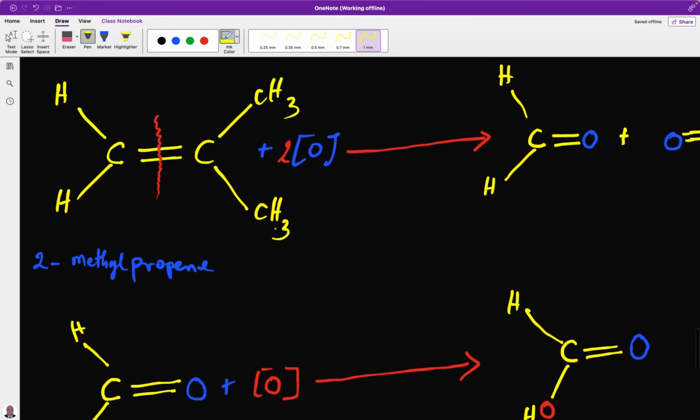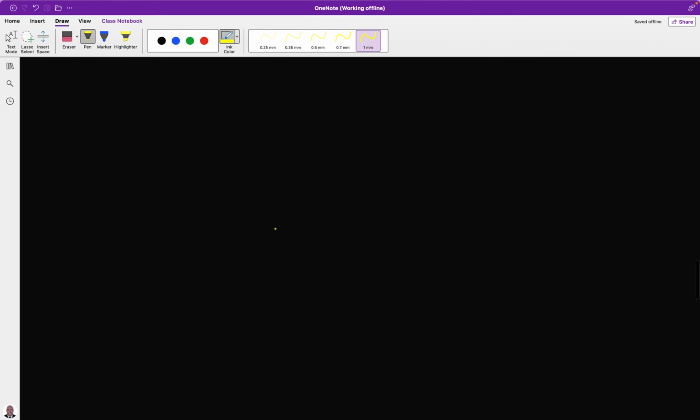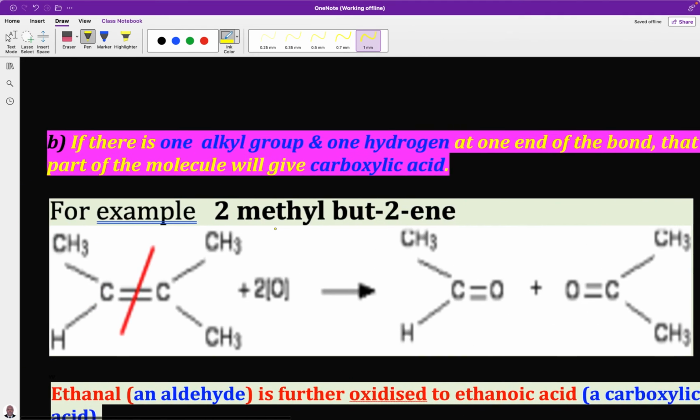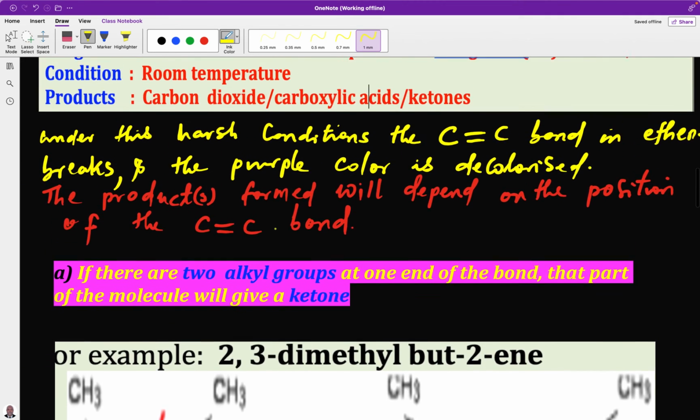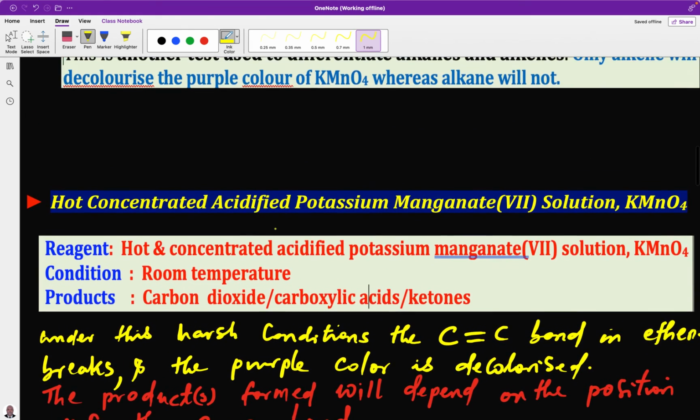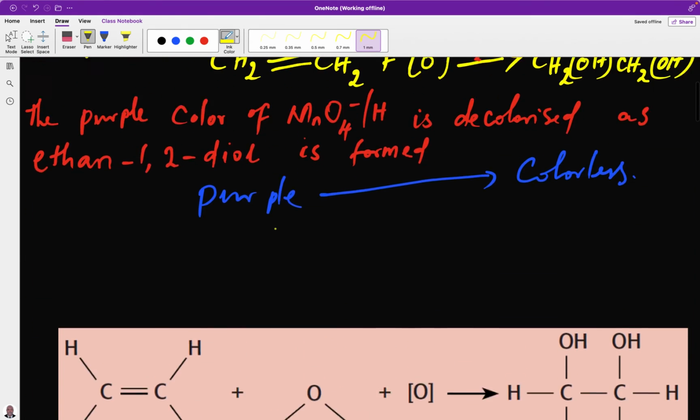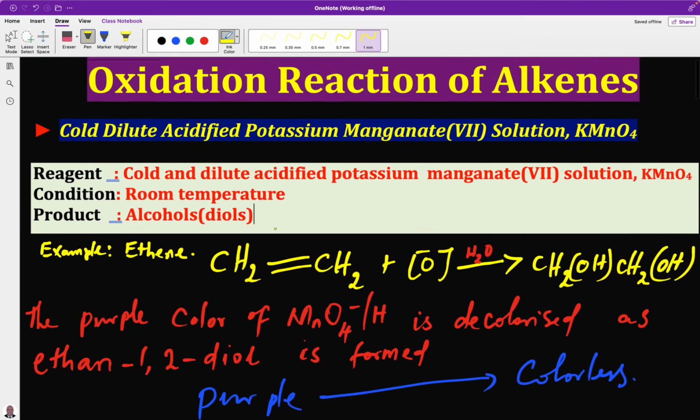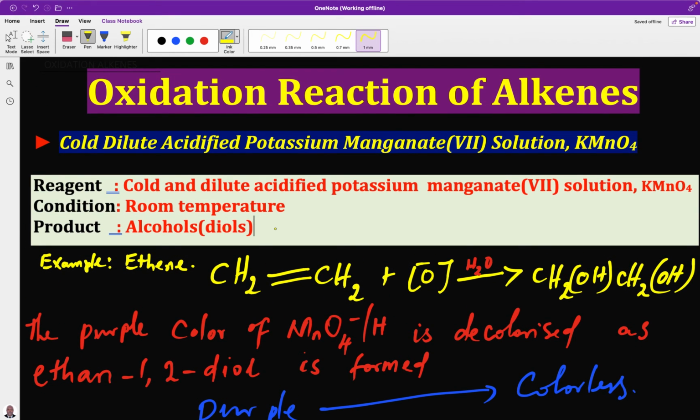So that is it. So a recap of our study today. Under oxidation reaction of alkene, there are two conditions. We said cold dilute acidified potassium manganate 7 solution. Under this condition, remember the color of acidified potassium manganate 7 is purple.